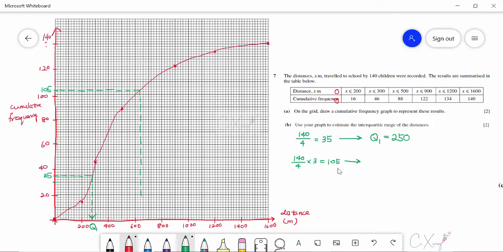Then you read the value from the x-axis. So this will be your Q3. For my original graph, the Q3 that I get is 670. Since they are asking for IQR, IQR will be Q3 minus Q1, and therefore the answer will be 420.